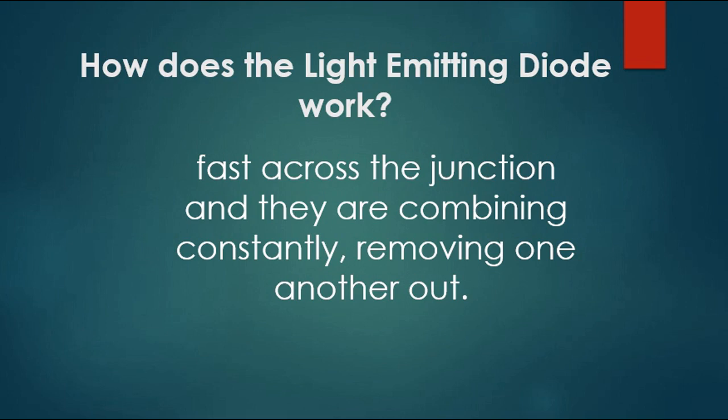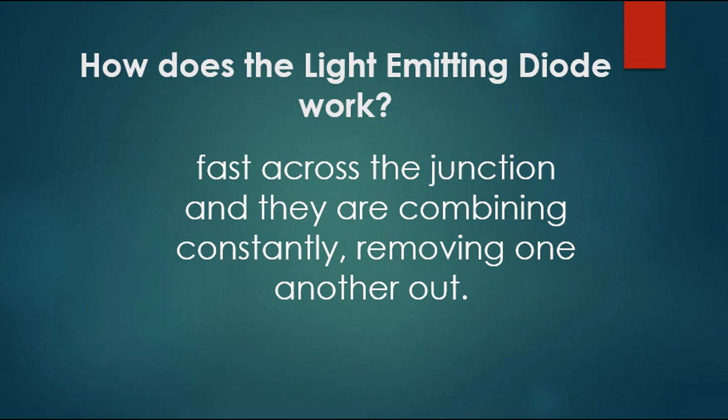So when a voltage or current enters the LED, the electrons will move faster and the holes will also move faster. They combine constantly, removing one another out of the region.